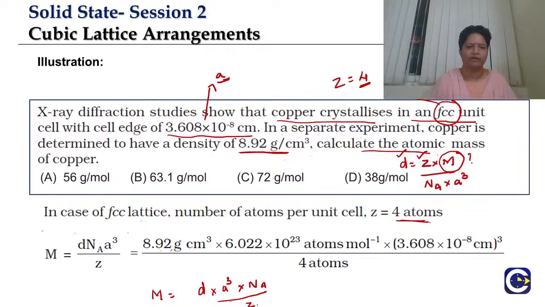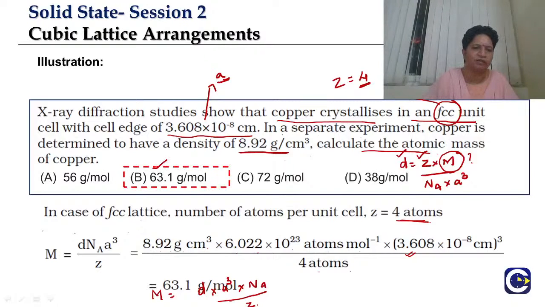Density is 8.92 grams per cc. Avogadro number is a constant, 6.022 into 10 power 23 atoms per mole, and this will give us the volume, a cube, 3.608 into 10 power minus 8 centimeter cube, by number of atoms, which is 4. If we calculate this, what are we getting as the answer? 63.1.